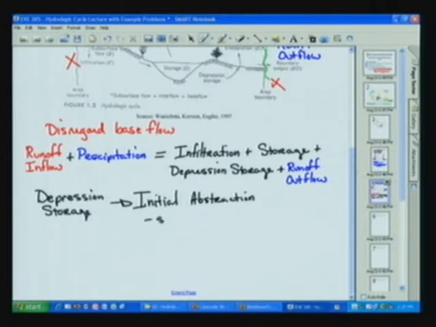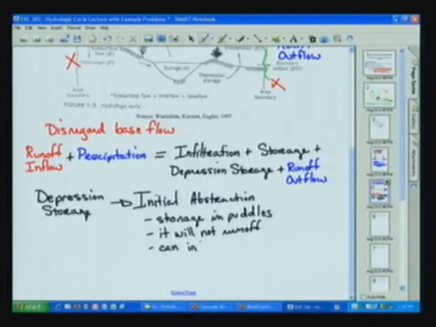It's basically storage in puddles, and so it will not run off. But it can infiltrate or evaporate, so it can be removed later on. Puddles go away after the storm, but that's what we're talking about with initial abstractions.